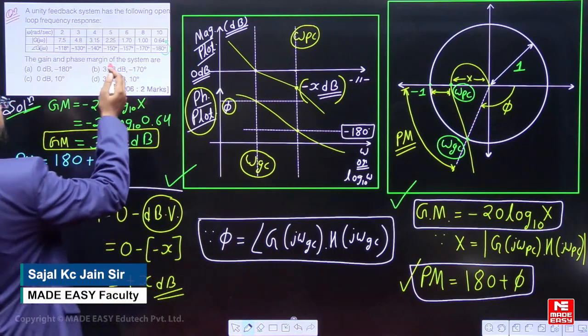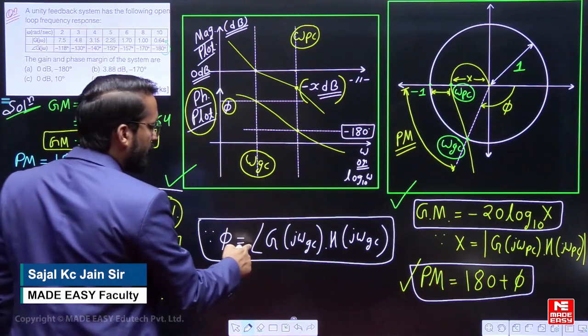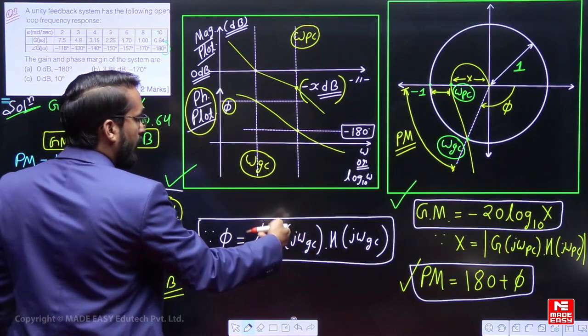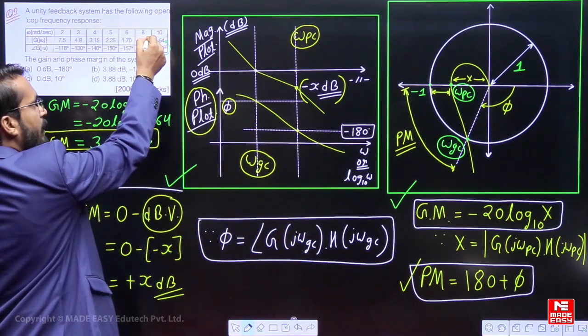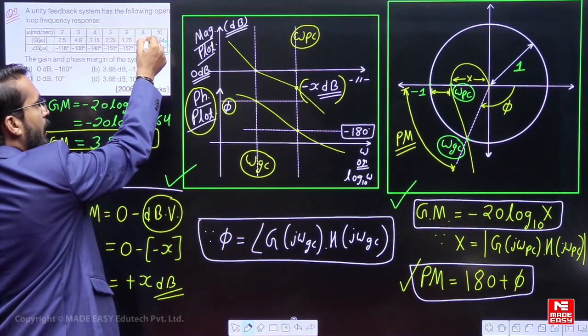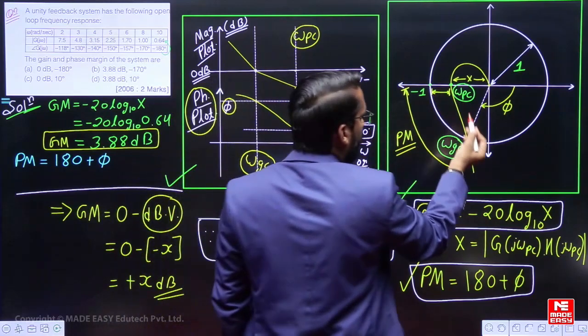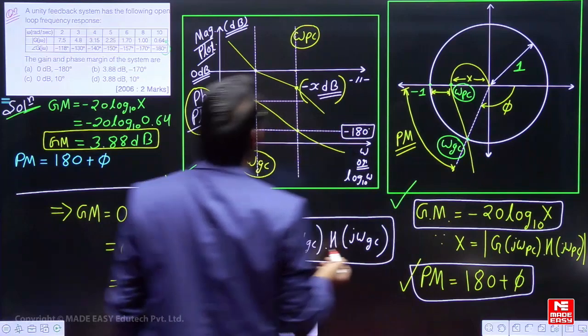And omega gc is the frequency when the magnitude is 1. So whenever the magnitude is 1, that corresponds to omega gc.